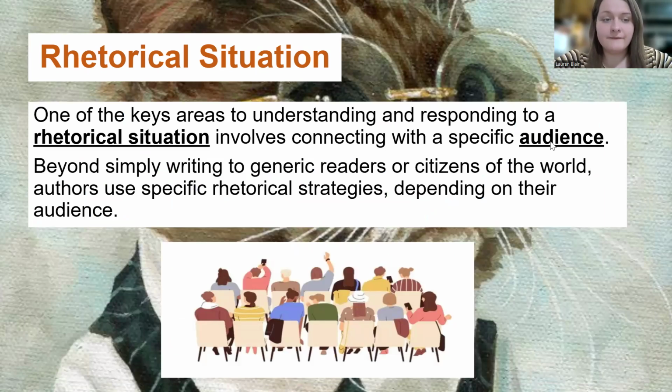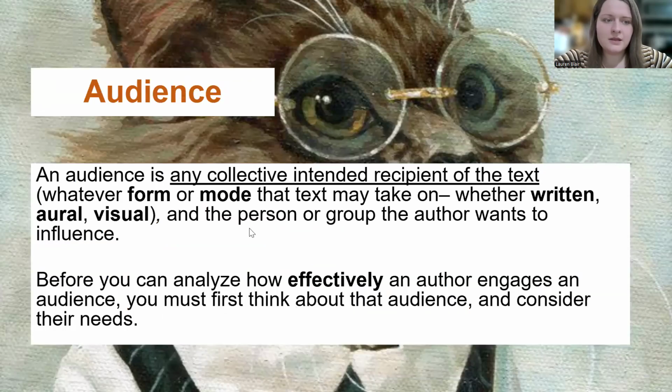So, audience is a very, very important aspect of this. Beyond simply writing to generic readers or citizens of the world, we want to use specific rhetorical strategies depending on the needs of our audience. An audience itself is any collective intended recipient of the text, and whatever form or mode that text may take, it could be written, visual, oral.